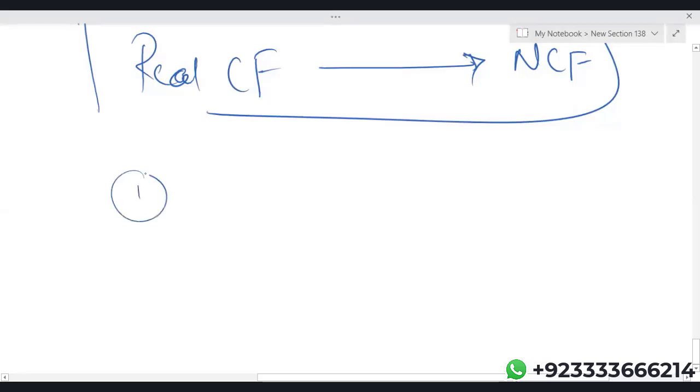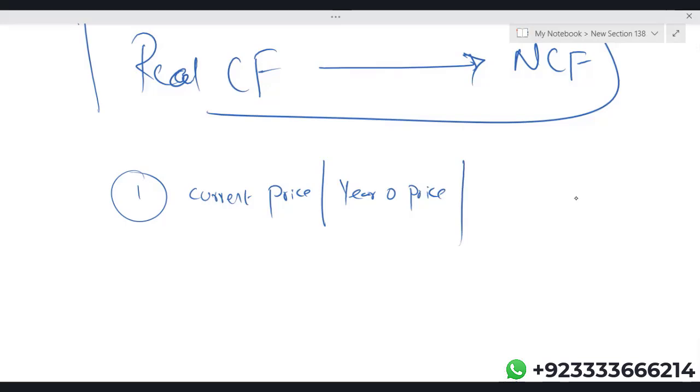Number one, if the examiner is using the word current price, another term is year zero price. Just a minute, student.